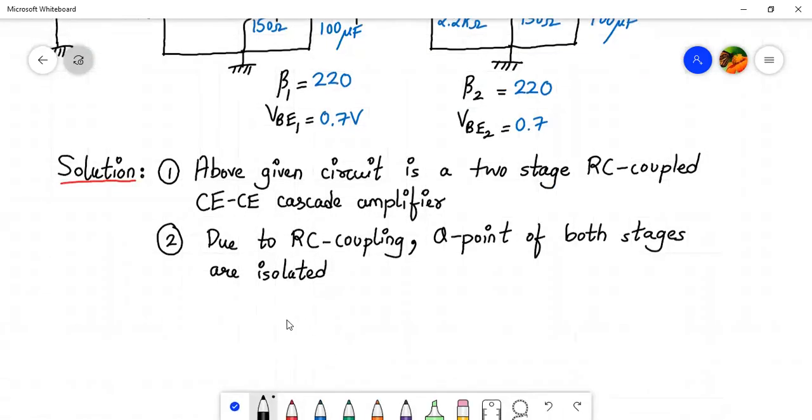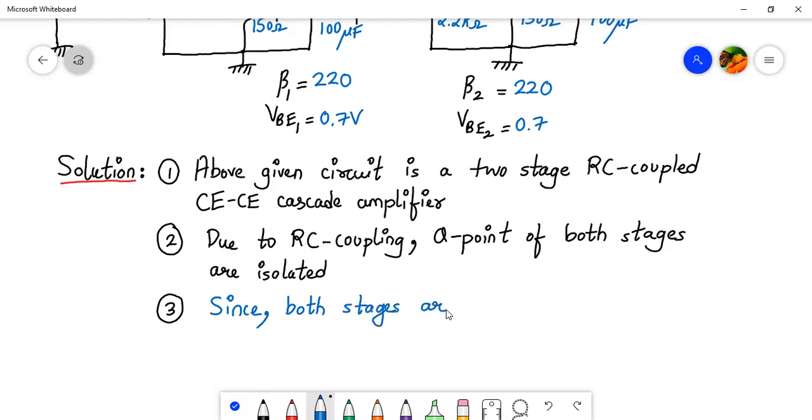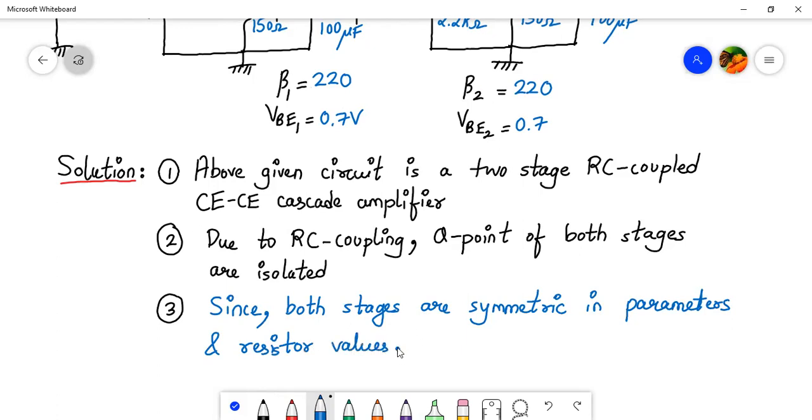And third, one more statement we can write is that since both stages are symmetric in parameters and resistor values, the DC analysis of one stage is sufficient.